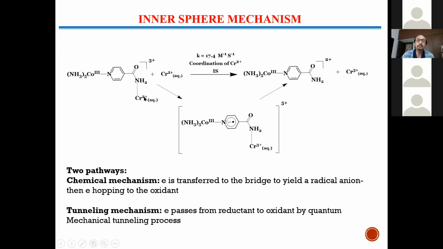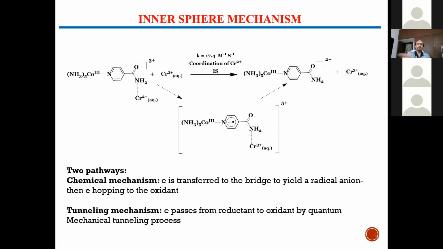Chromium is getting oxidized, and this group is getting reduced to form a radical over here, and cobalt remains 3 still. So these are 3, 3, and the radical is over here. And then this electron is moving from here to here, which reduces cobalt 3 to cobalt 2, and chromium 3 is leaving the system. That means chromium is getting oxidized and cobalt is getting reduced to cobalt 2 via the intermediate radical formation.